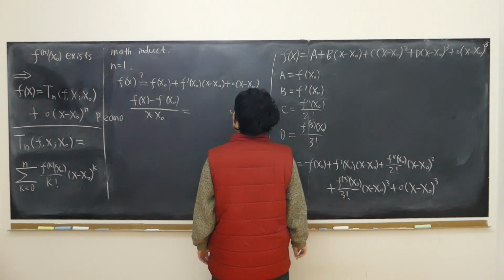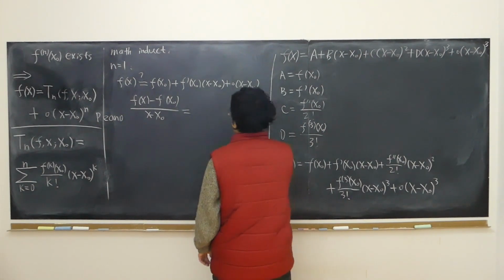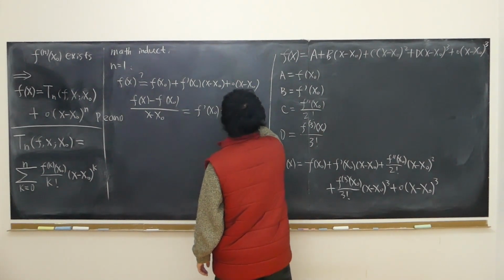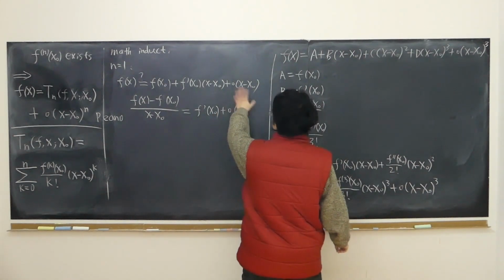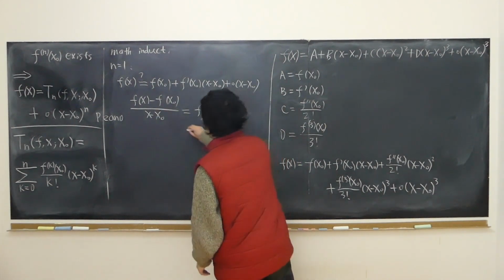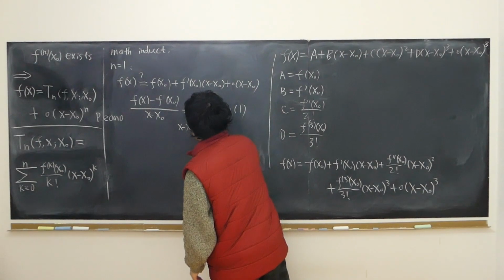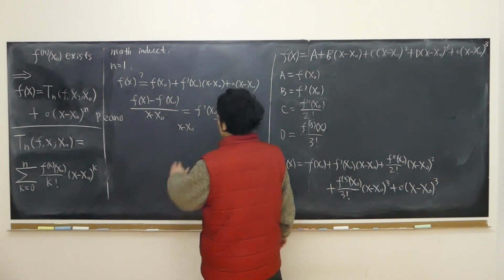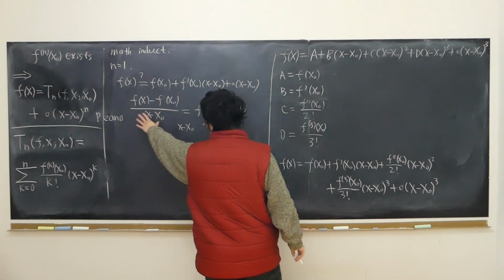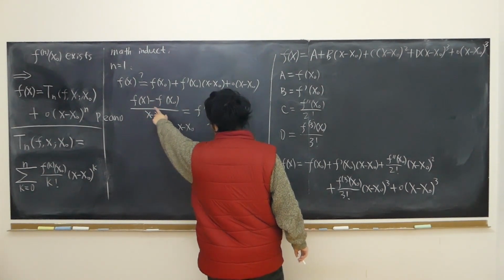So on the right hand side, I just have f dash of x0 plus little o of 1, just like doing normal algebra. Is it true? So on the right hand side, as x approaches x0, nearby x0, this is exactly the definition of the first order derivative at x0.